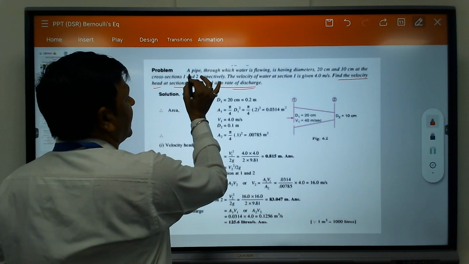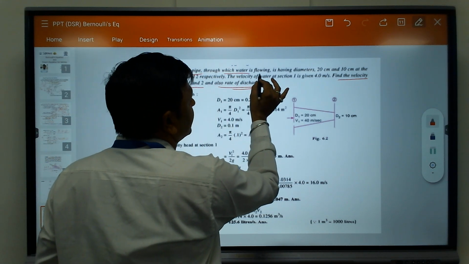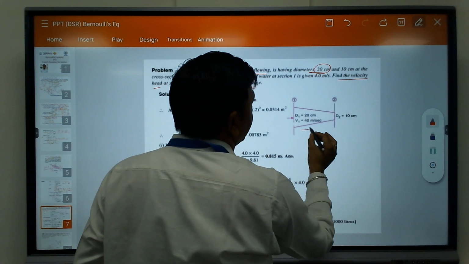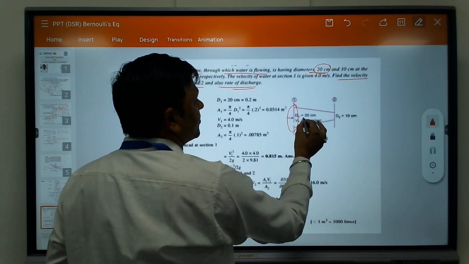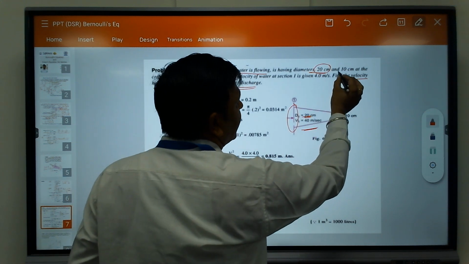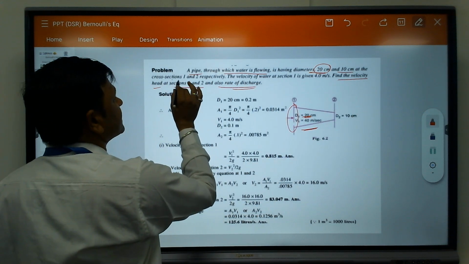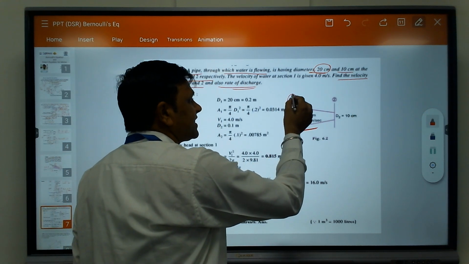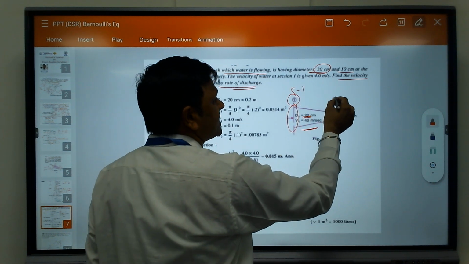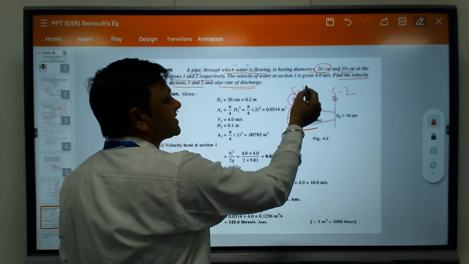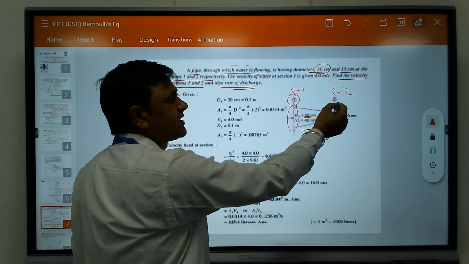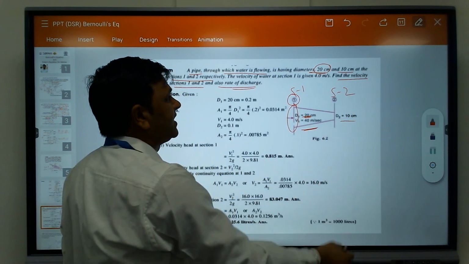First, a pipe through which water is flowing has diameter 20 centimeter and 10 centimeter at the cross sections 1 and 2 respectively. This is section 1. This is section 2. Section 1 has diameter 20 centimeter, section 2 has diameter 10 centimeter.